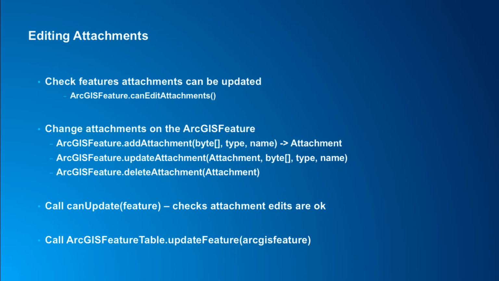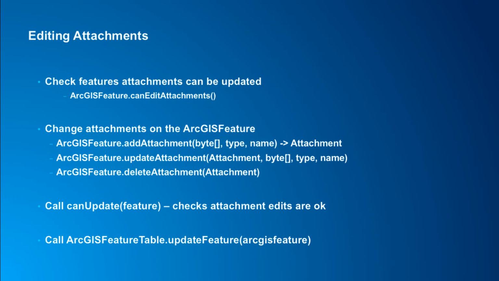And then check that the attachment edits that you've made are okay. You call can update on the table, and then you call update feature on the feature table, and it's applied. So similar to how you edit features in the first place. It's just you work with the attachments of that feature, and then the rest of the steps are essentially the same. So working with attachments is actually pretty straightforward.